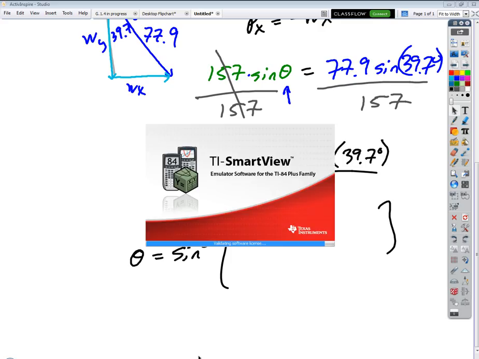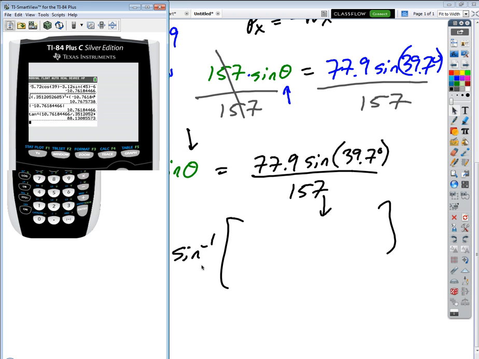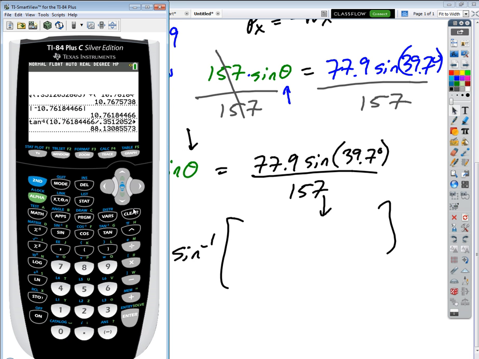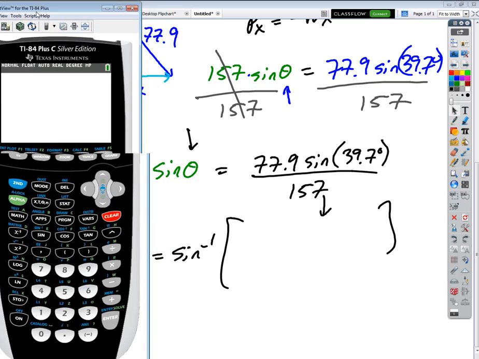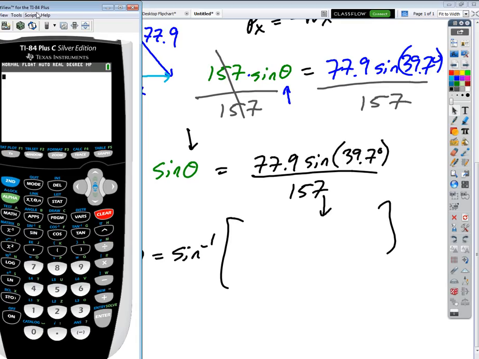What mode does our calculator have to be in? Degrees mode. Good. Is everybody clear why we did the inverse sine? That's how you undo a sine. All right, so we're going to go inverse sine, second sine, of all this stuff.